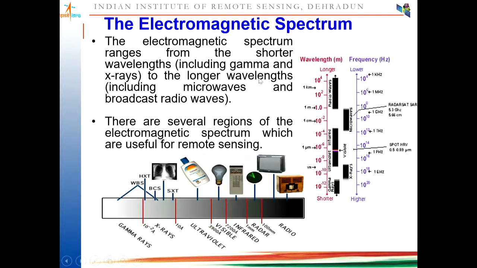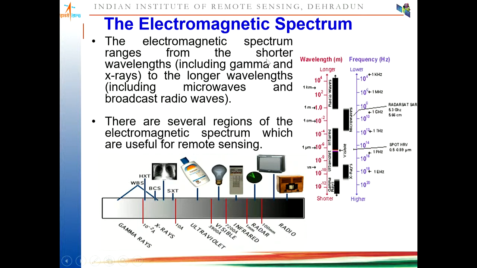As interpreters, we need to be familiar with the electromagnetic spectrum. This must have been discussed in the previous classes. The electromagnetic spectrum is an arrangement of these several regions of the electromagnetic range, which are useful for remote sensing, in order of increasing or decreasing wavelengths or frequencies, right?